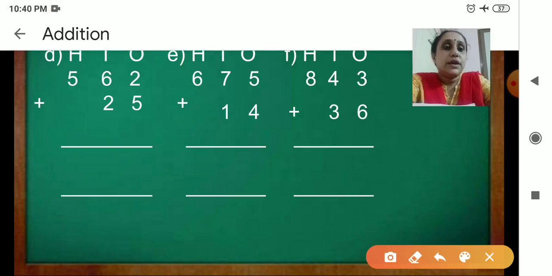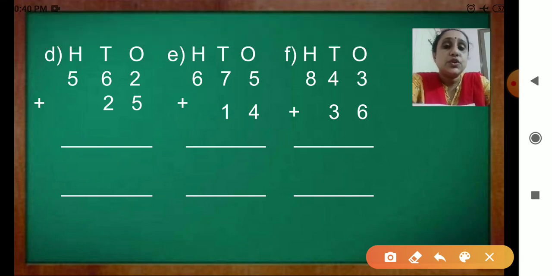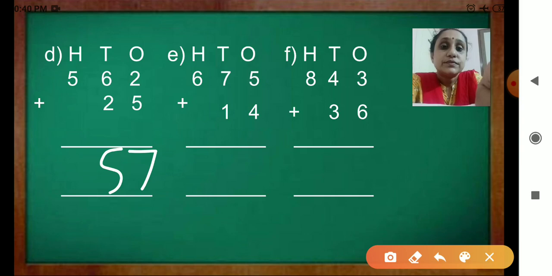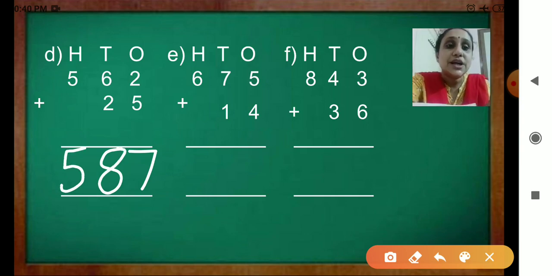Now again the next sums we will do. Look here. See, 562 plus 25. 2 plus 5. Yes, now you know how to count. 7. 6 plus 2, 8. And 5 will come down.